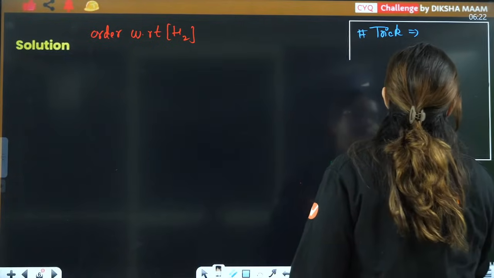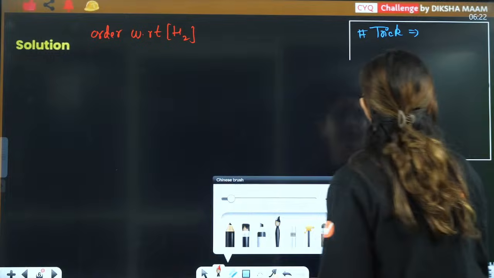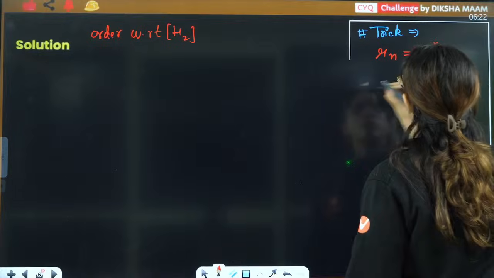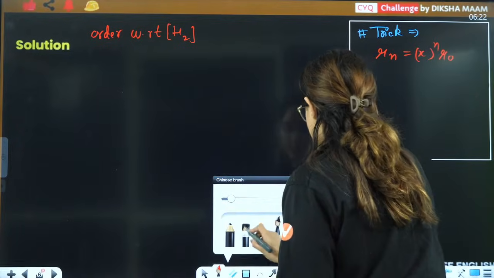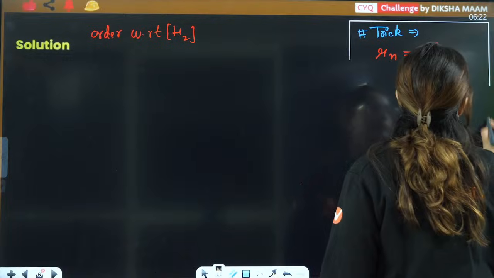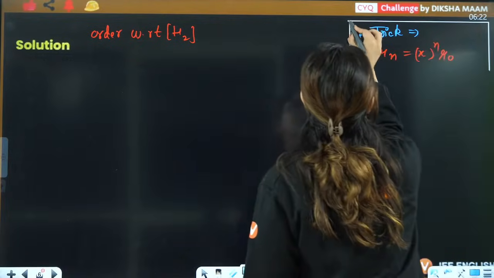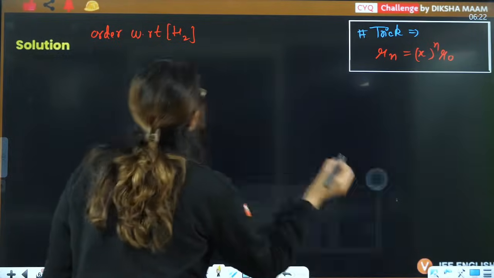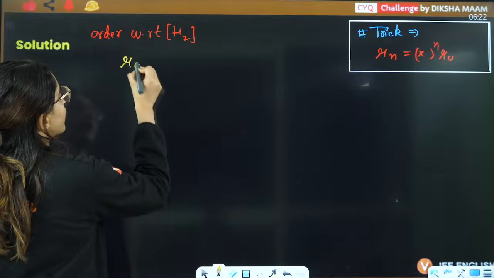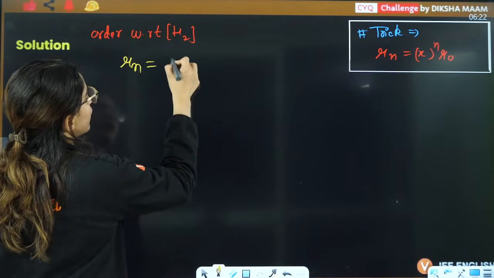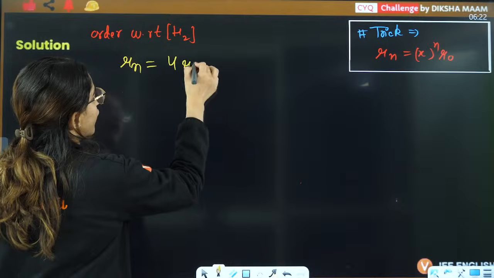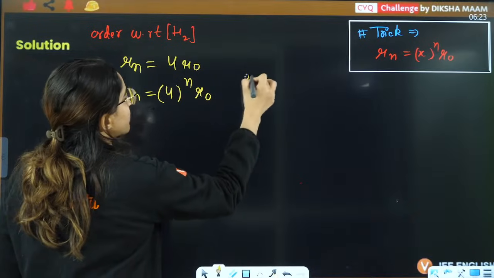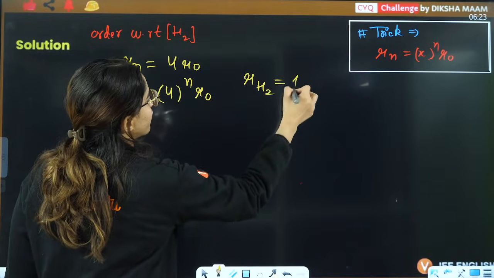See, guys, simple thing is, I'll just write it fast here. R of new is equal to x raised to power n of R of old. Just remember this thing here and we will solve it here. Now, with respect to H2, we know that R of new is coming out to be 4 times R of old, and R of new is also equal to 4 raised to power n of R of old. So the order with respect to H2 is going to be 1.